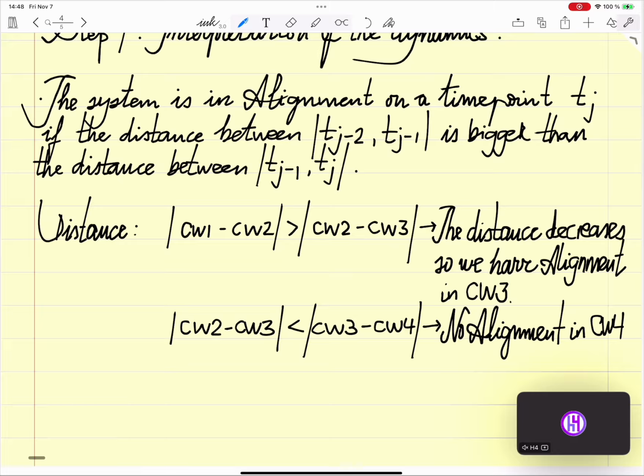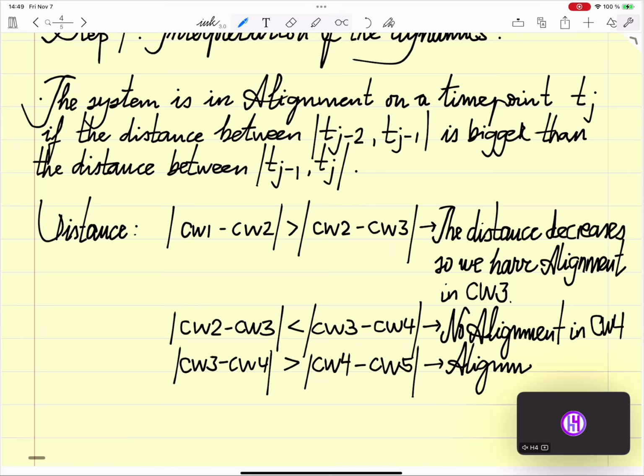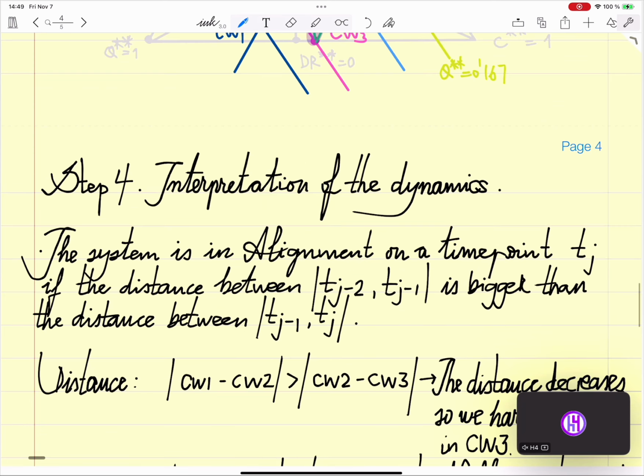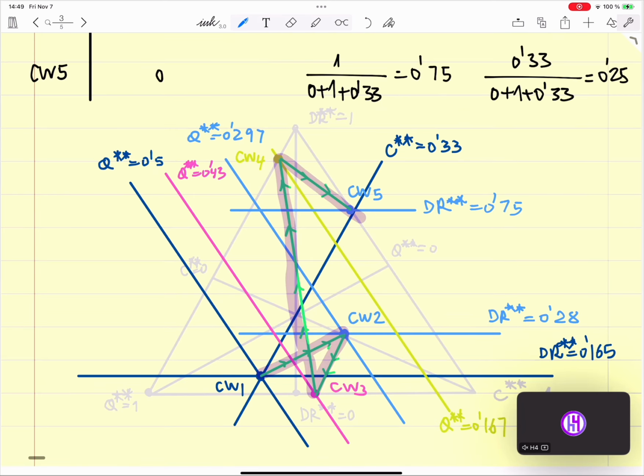And last, the distance between calendar week 3 and calendar week 4 is bigger than the distance between calendar week 4 and calendar week 5, so there is alignment in calendar week 5.